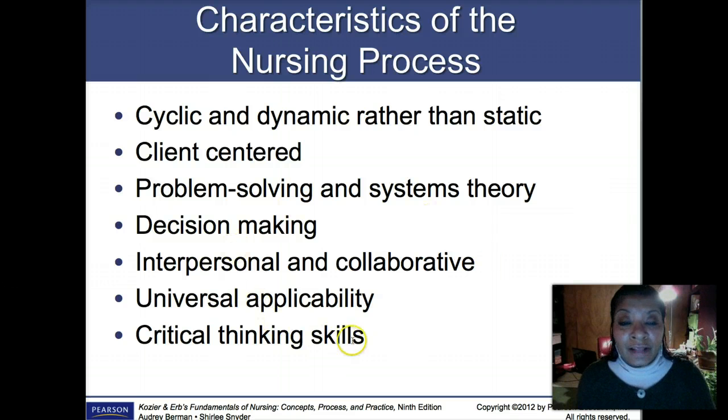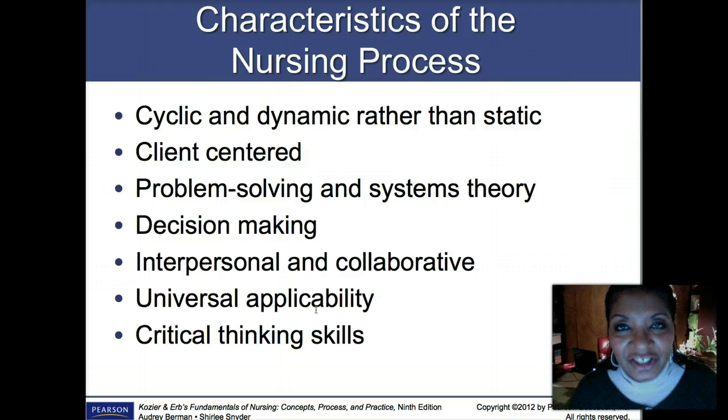Our nursing process has universal applicability. It means that no matter what area of nursing you're working in, whether it's OB or the ER or a nursing home, we're still going to process through the same nursing process. The method of thinking as a nurse is the same regardless of your specialty or where you work.